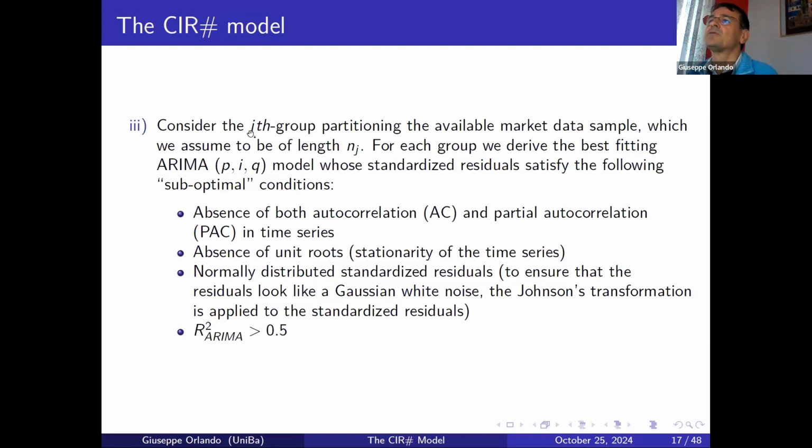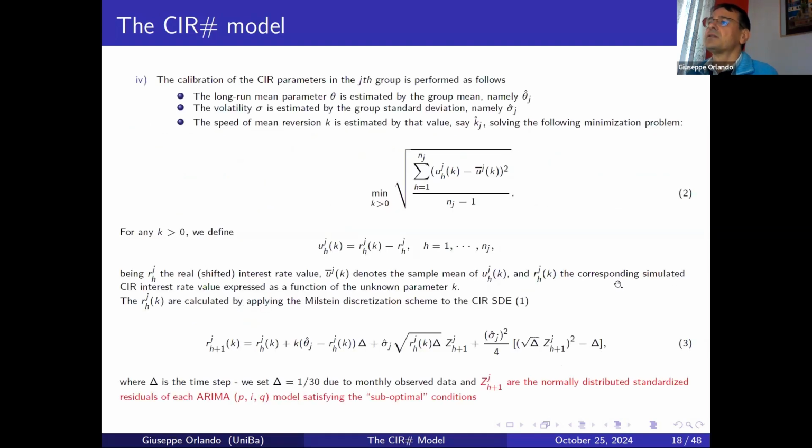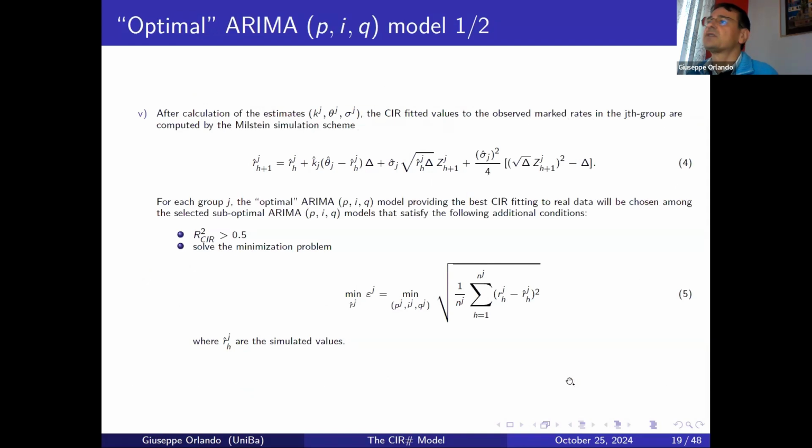So as I said, first we use ARIMA to calibrate the data, and then we find the residuals, and these residuals should be transformed in a way that they are Gaussian. For example, the Johnson transformation is one of the ways in which we can do that. These are the equations, but I will skip them.